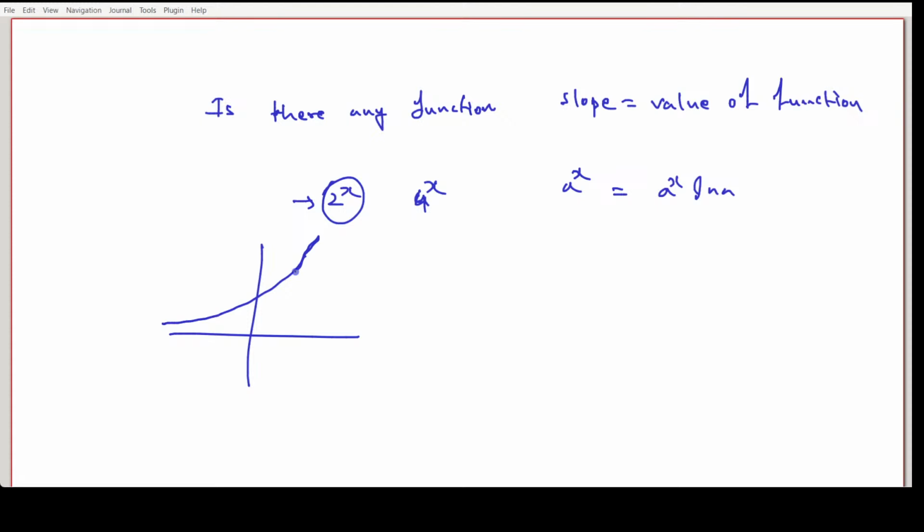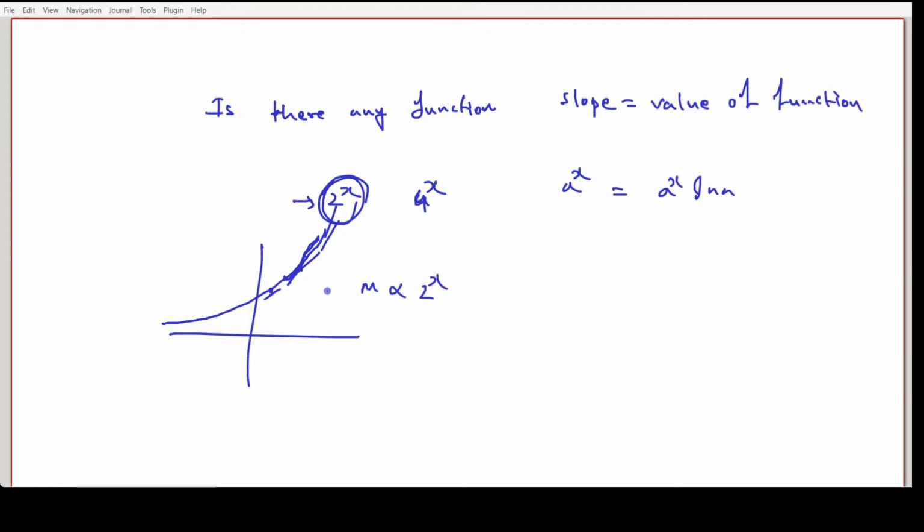If you try to draw the graph, it looks something like this. Agreed? Now the slopes are always increasing. The slope here versus the slope here, the slope is increasing, right? At any point, the slope is increasing. What we are just saying is this slope is proportional to the value of the function at that point. So the slope here is greater than the slope here.